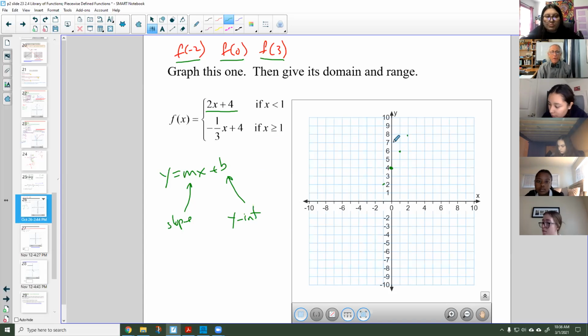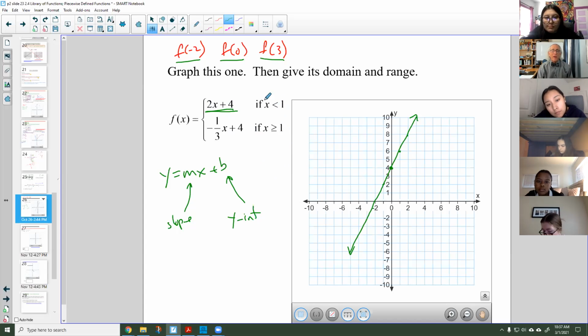From there, I can put together a pretty good line. There is the graph of 2x plus 4.